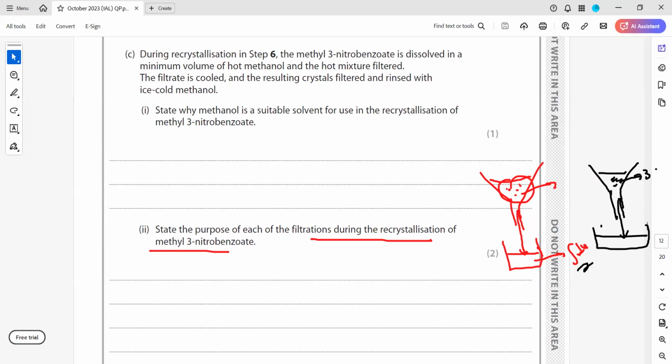The soluble substances will remain dissolved and the crystals which we want will be crystallized and left on the filter paper. Is it clear? The difference between a hot and a cold filtration?